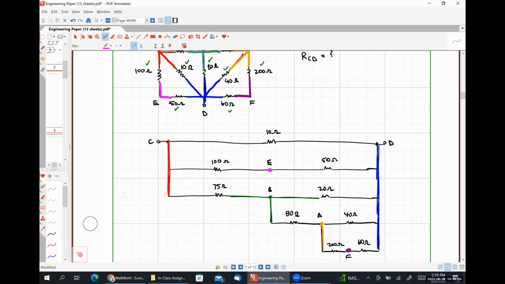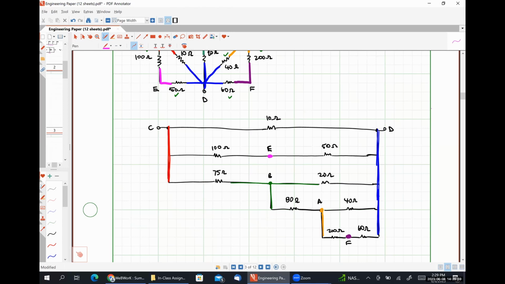So I'm going to replace that 200 ohm resistor and that 60 ohm resistor by a single equivalent resistance that will be 260 ohms. So because I'm replacing a path that goes from A to D, that equivalent resistance is going to show up between A and D. So I'll just have one resistor here.